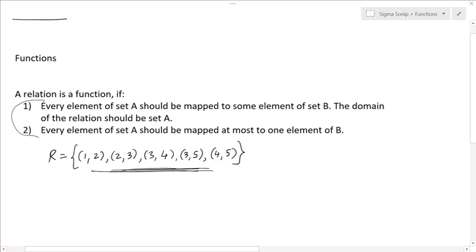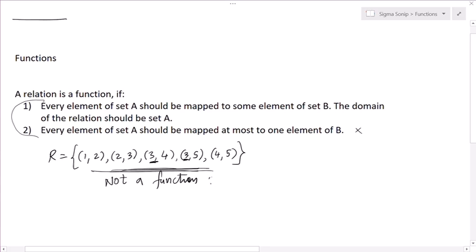Obviously this is not a function, and why? Because we see that this first element, this 3 in set A, is related to two elements here. So it is a breach of condition number 2.